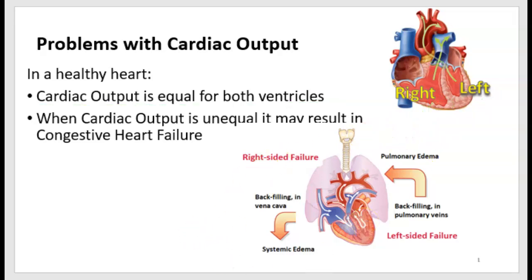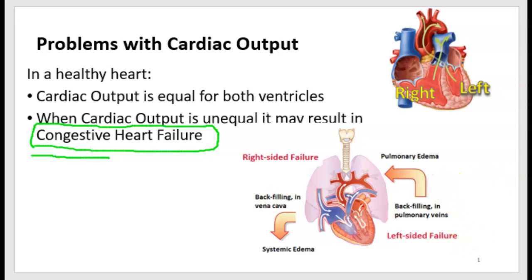And when cardiac output is unequal side to side, it can result in what's known as congestive heart failure. This term congestive refers to the fact that the blood backs up. In addition, we see edema forming. I guess that's a kind of congestion too.